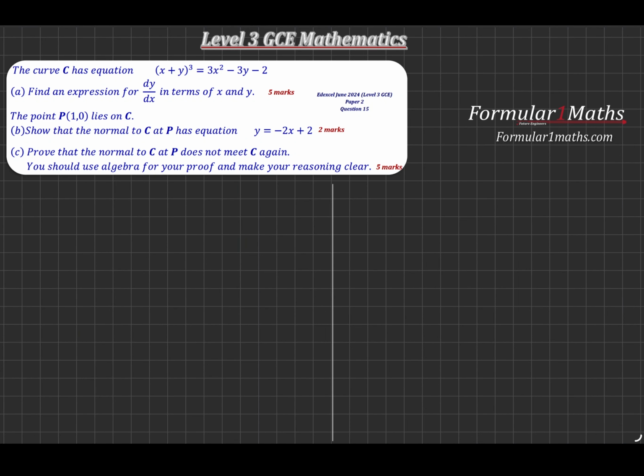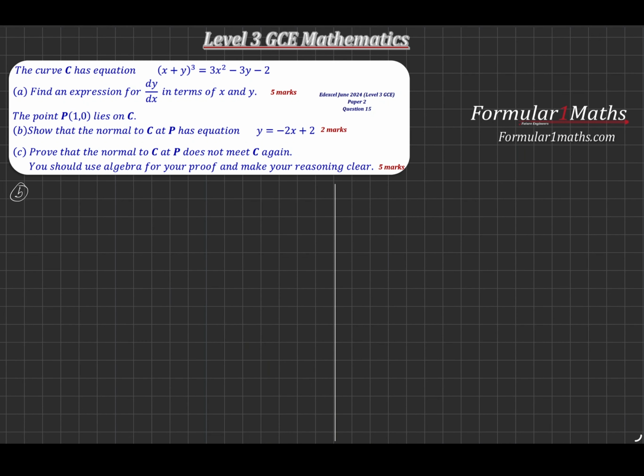So for B, the point P with coordinates (1, 0) lies on C. Show that the normal to C at P has the equation y = −2x + 2. When x = 1 and y = 0, dy/dx is equal to (2 − (1 + 0)^2) over ((1 + 0)^2 + 1).